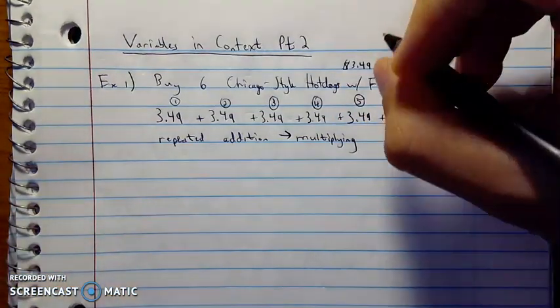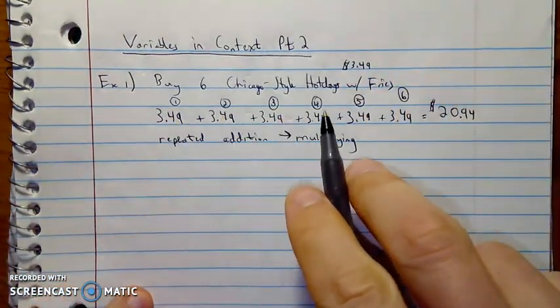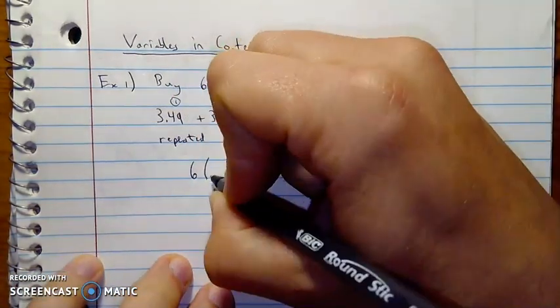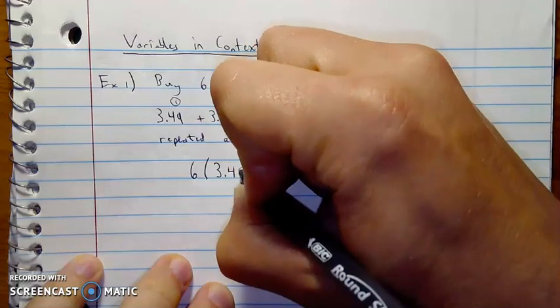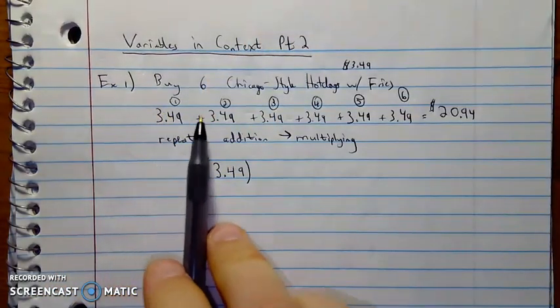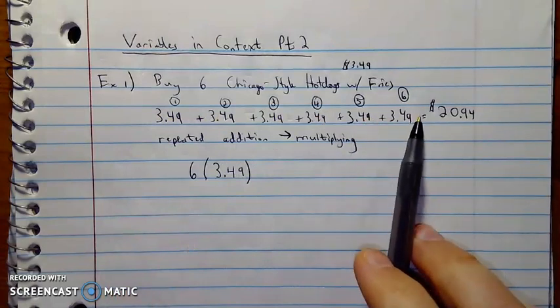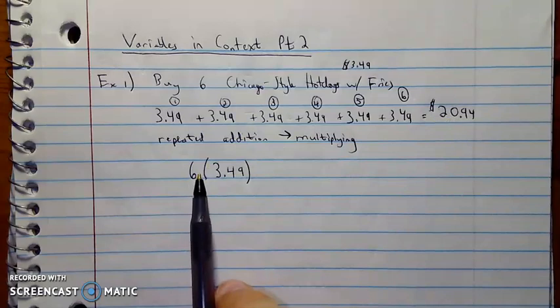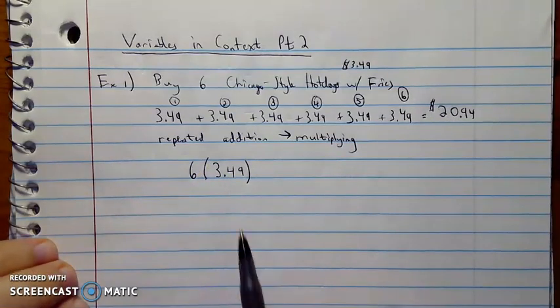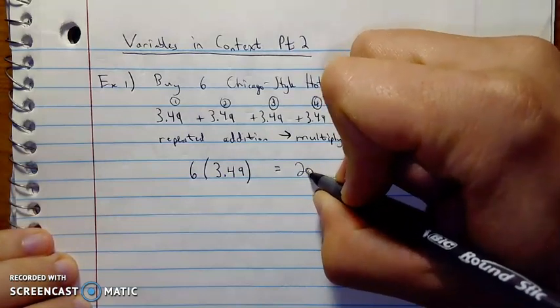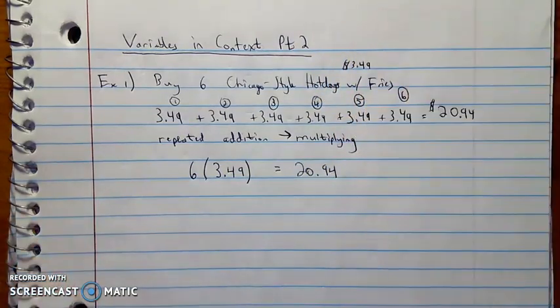So, what we really have is 1, 2, 3, 4, 5, 6 times $3.49. So, if you added $3.49 6 times, you should get $20.94. If you do 6 times $3.49, you should also get that $20.94.